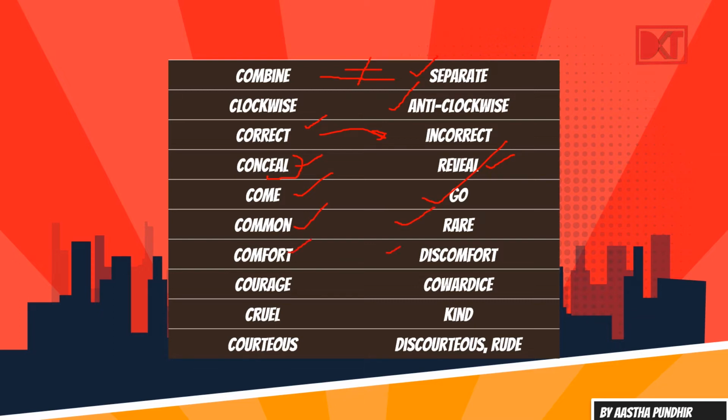Comfort and discomfort. Courage and cowardice. Cruel and kind. Courteous could be the opposite of discourteous or rude. Alright, these are a few antonyms. They are the opposites of each other, which means what combine means is the opposite of what separate means, and so on and so forth.